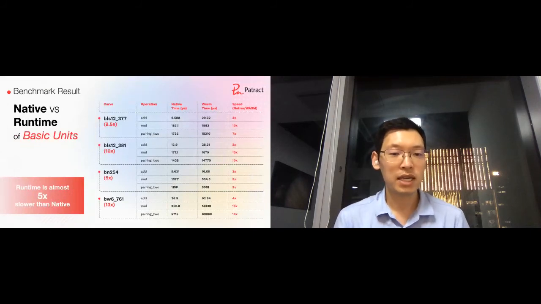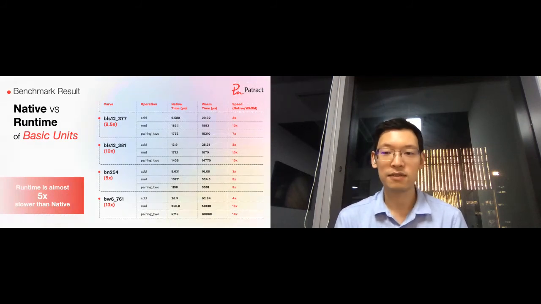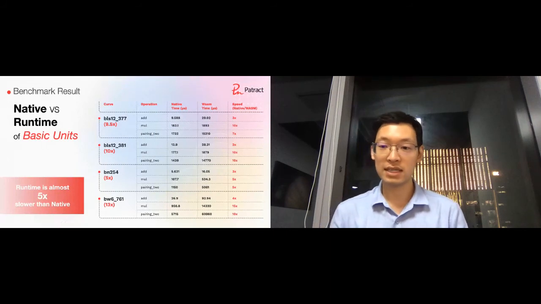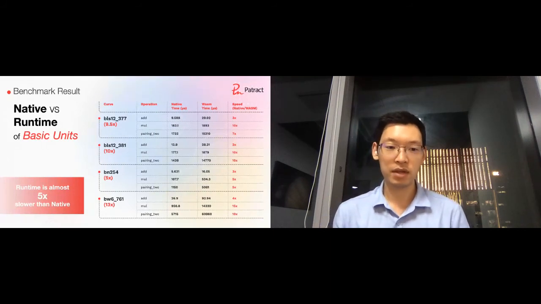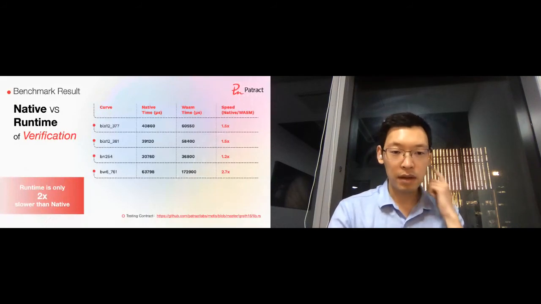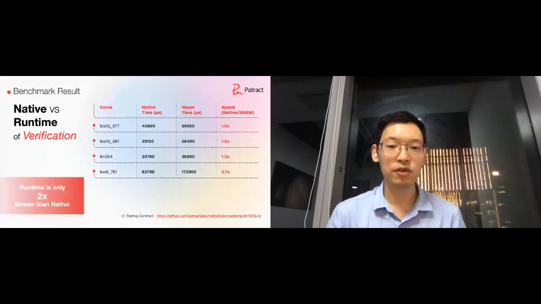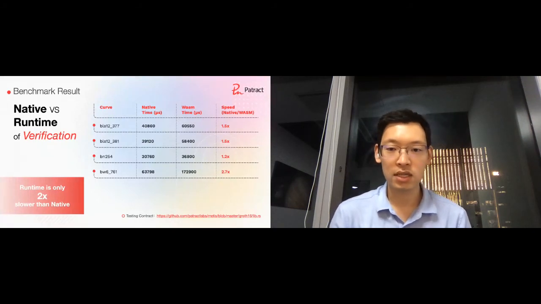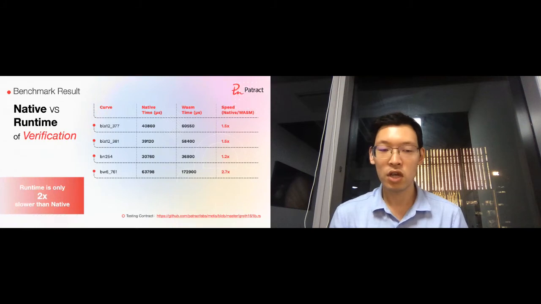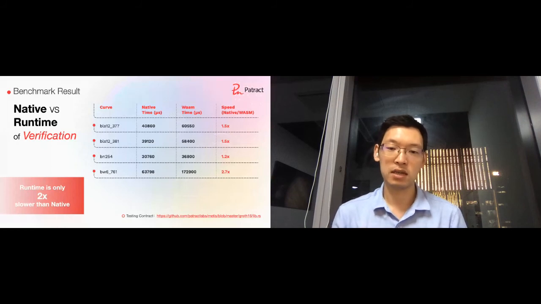By benchmarking the basic units of these 4 curves, the runtime version is at least 5 times slower than the native version. It's a big gap, but still acceptable. By benchmarking the high-level Groth16 verification function, the gap between the runtime version and the native version reduced to only 2 times due to the mixing of additional calculation in ink.